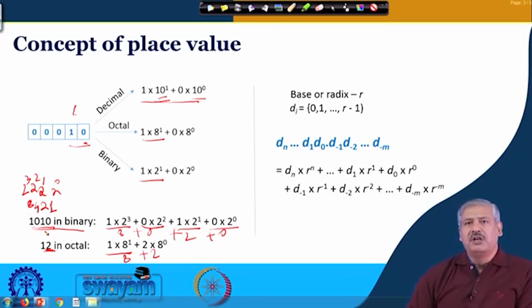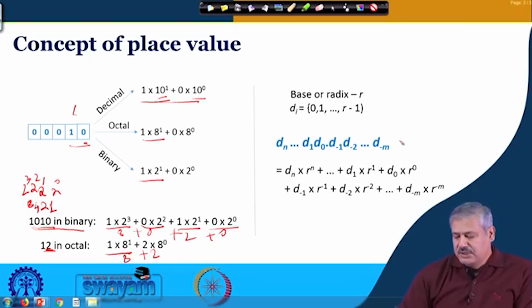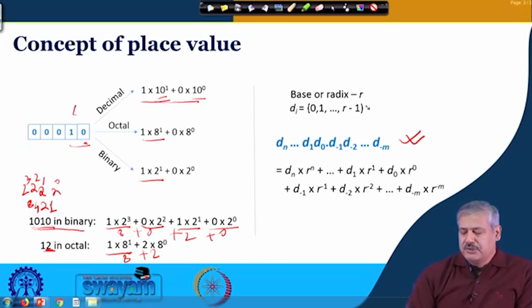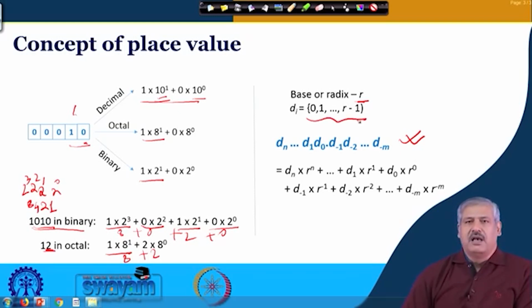When we put it more formally, this is what we would be able to see. If we have a number system with a base or radix r, the allowable, valid digits are 0, 1, 2, 3 up to r minus 1. For example, in octal system 0 to 7, in binary 0 and 1 only.